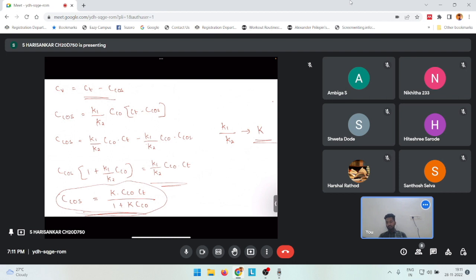Now we can also represent this in terms of partial pressures.